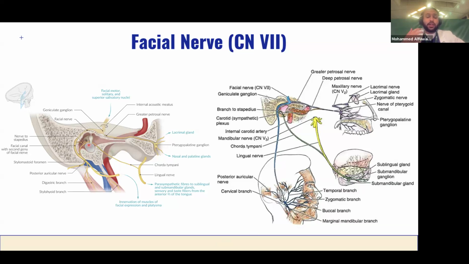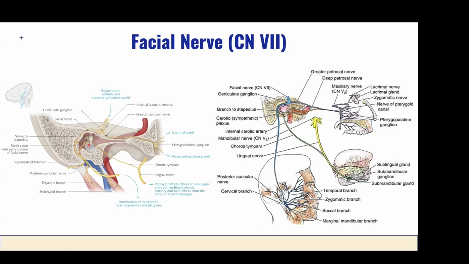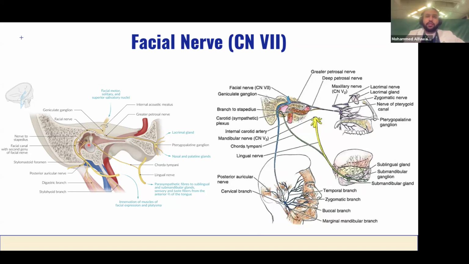Will they have difficulty with lacrimation? No. Good. Will they have any hearing difficulty or difficulty with loud noises, hyperacusis? No, good. Let's say the lesion is at the facial canal over here, at the second genu of the facial nerve.